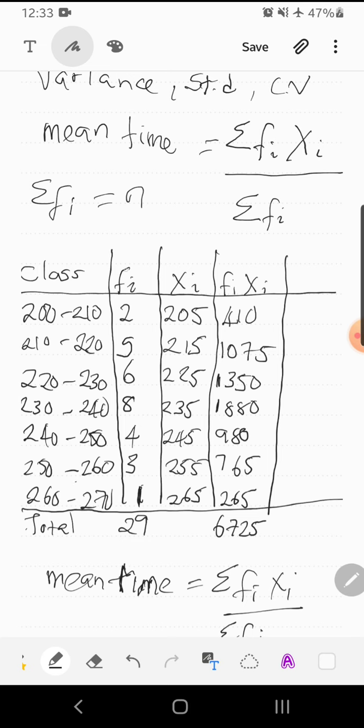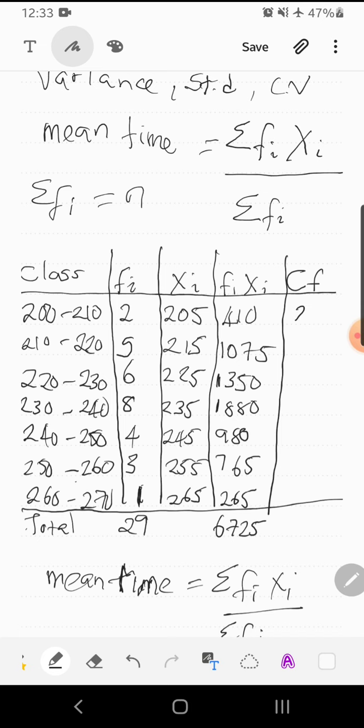This just shows you that the classes have been ordered. Now we have to look for the cumulative frequency. The cumulative frequency will help us know in which class interval the 15th value lies, and that is the value that divides the data set in halves.